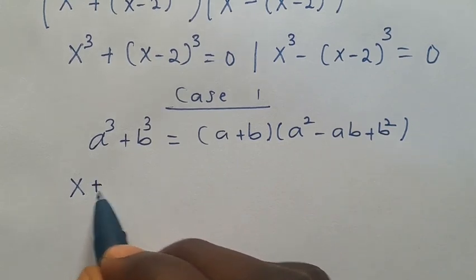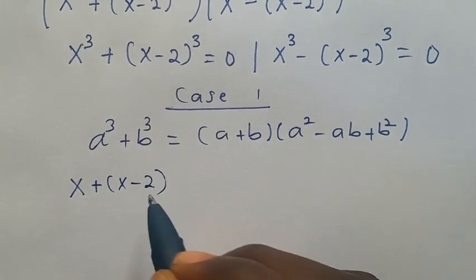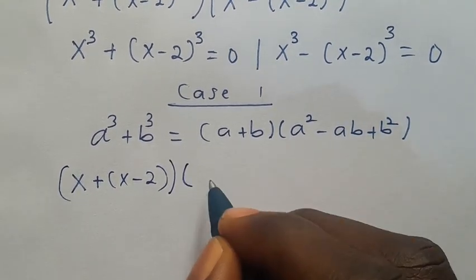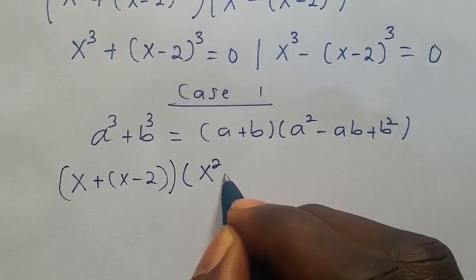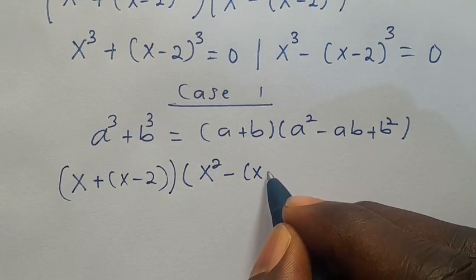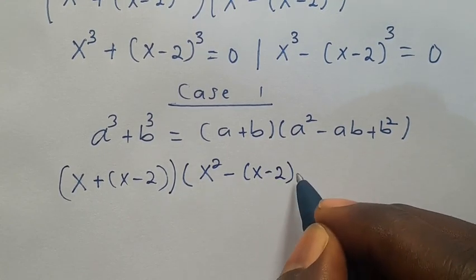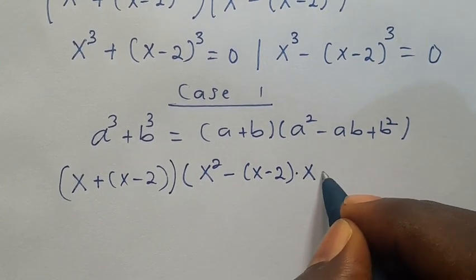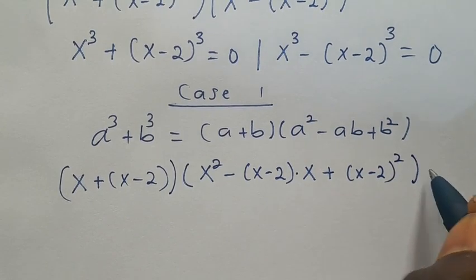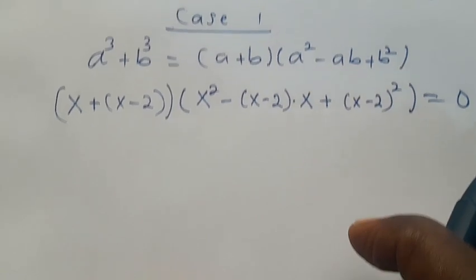So here will be x plus (x minus 2), then multiplied by x square minus x times (x minus 2) plus (x minus 2) to the power of 2. Then we have everything equal to 0.